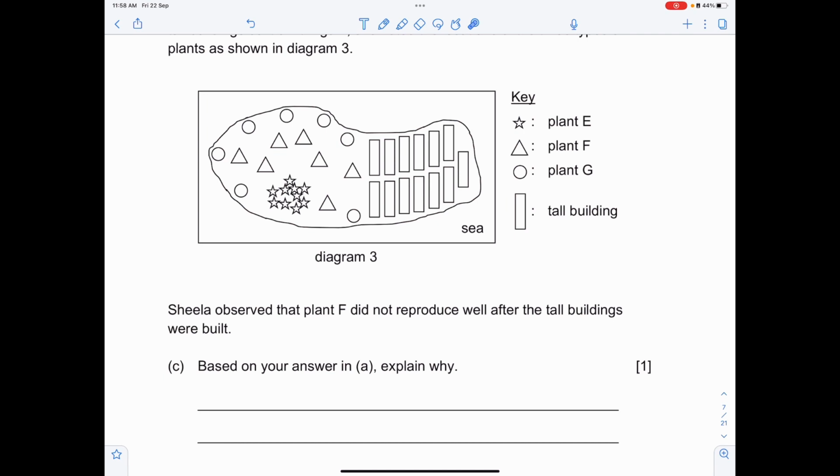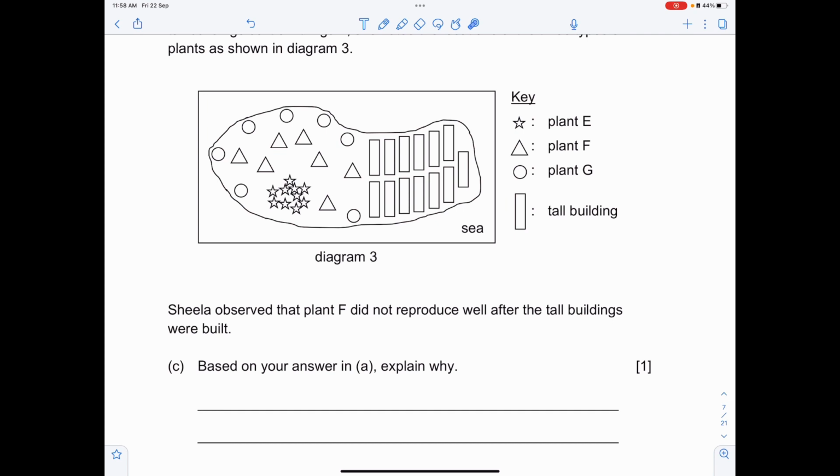Probably we talk about deforestation and men coming in, destroying the natural habitats such as your forests and whatnot of your animals. So because of this building, you have actually caused deforestation in this area. And what happens is that you reduce your animals' habitat. So because of that, the dispersal rate also drops, since your seed is dispersed by your animals.